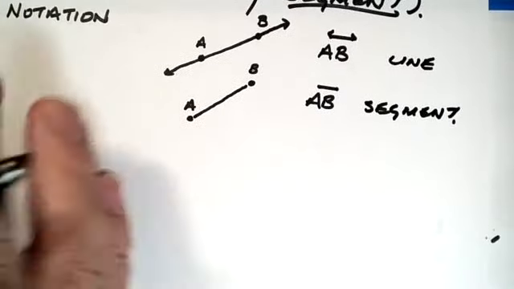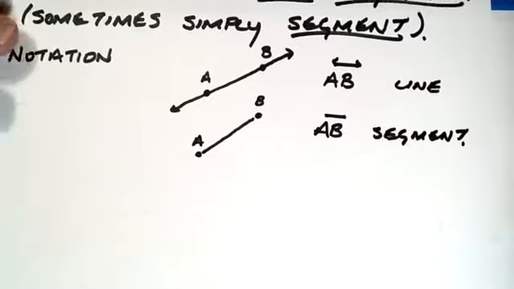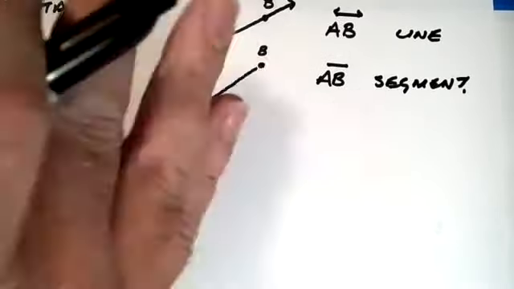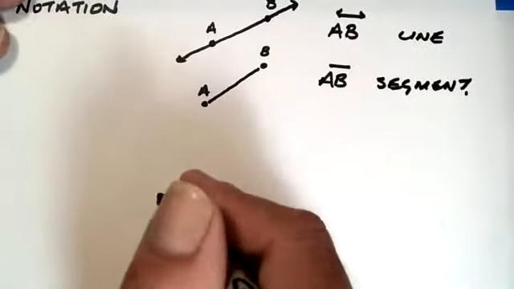Okay, so to continue, I think you know that there's something else between this, something called a ray, where it's sort of extended in one direction, halfway forever if you prefer.